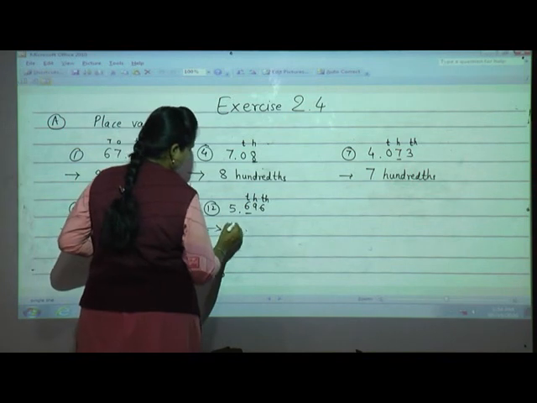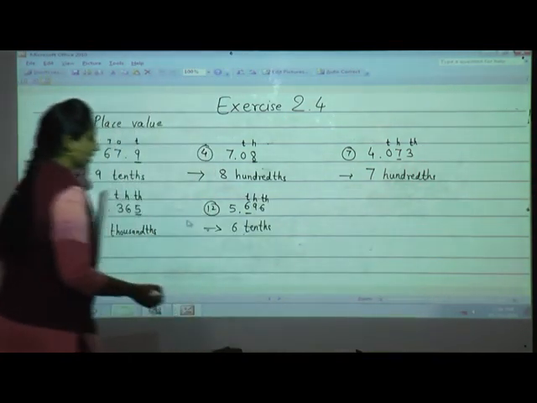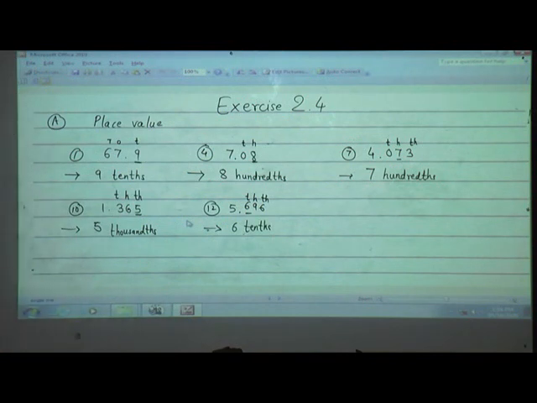On the tenths place. So write 6 tenths. Understood? Yes, clear? Now remaining second, third, fifth, 8, 9 and 11. These are very simple. Same like this only. You are going to solve by your own.